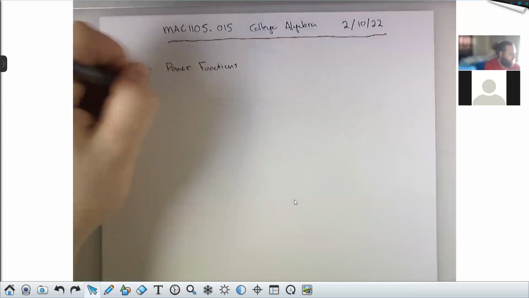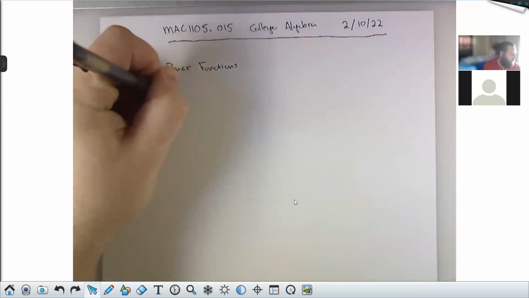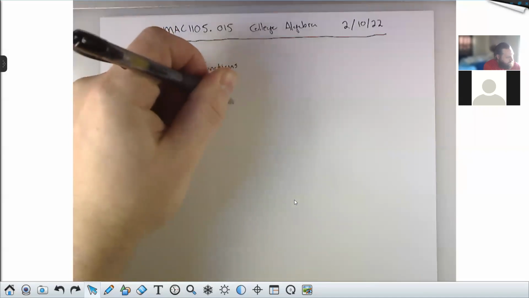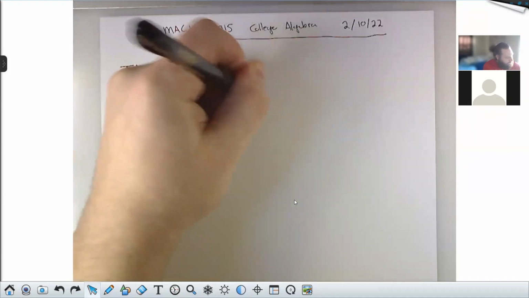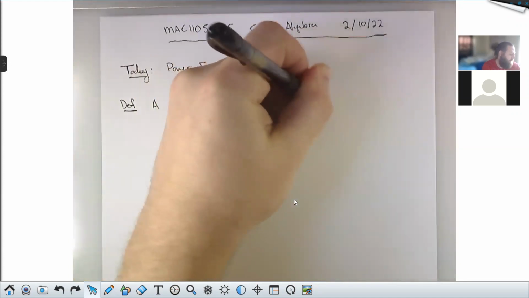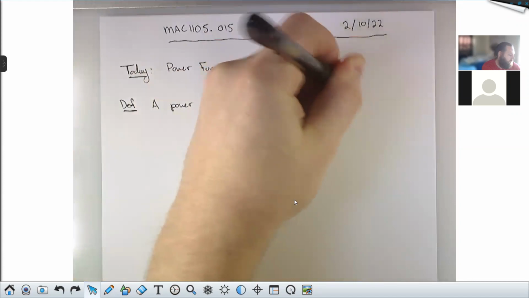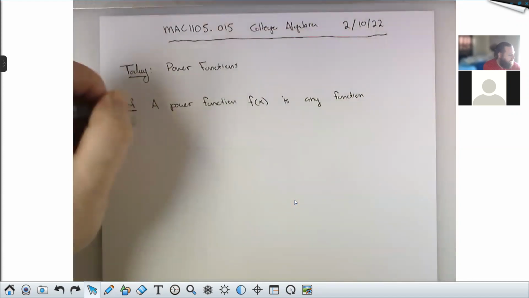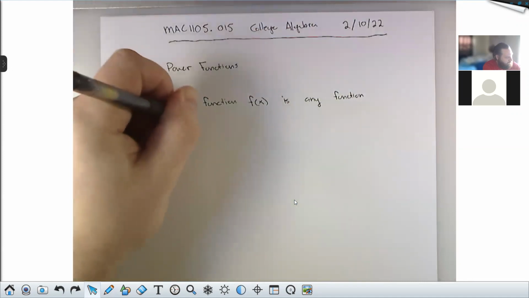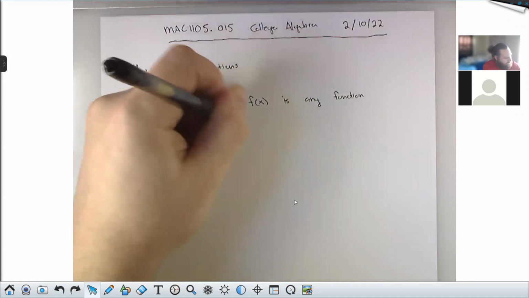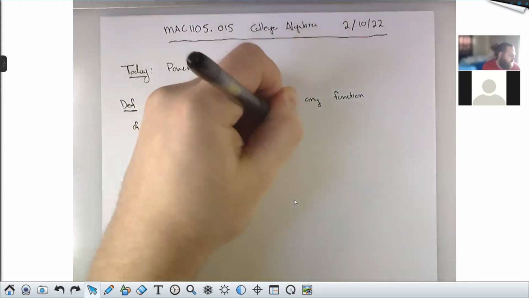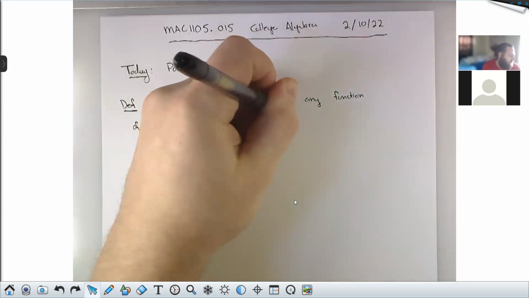So a power function f of x is any function of the form f of x is equal to some constant times x raised to some power.